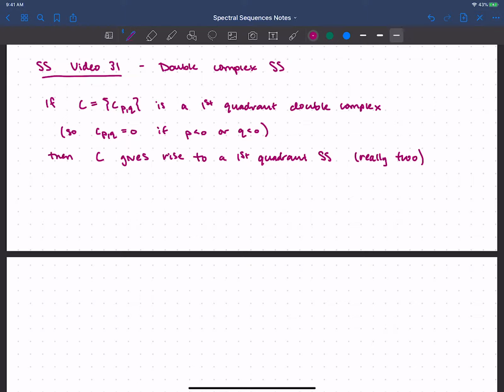The common game here, as I've referred to a little bit before, is that we want to filter C two ways, and then we know how to get a spectral sequence from a filtration. So that'll give us two spectral sequences.